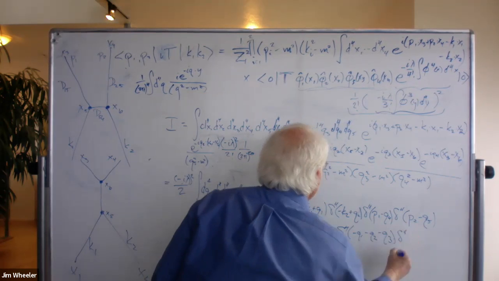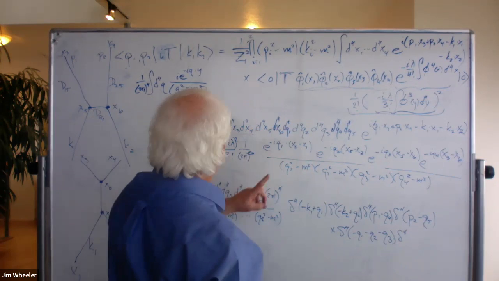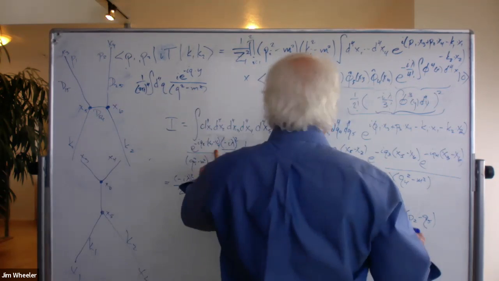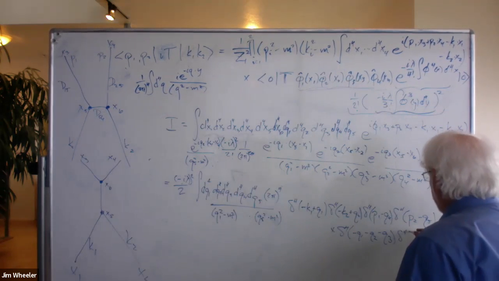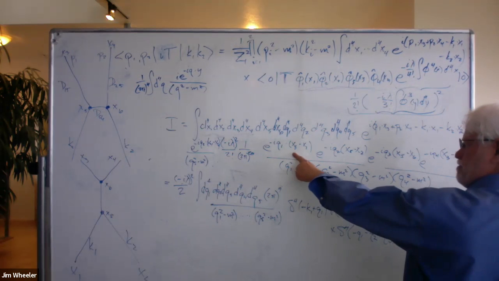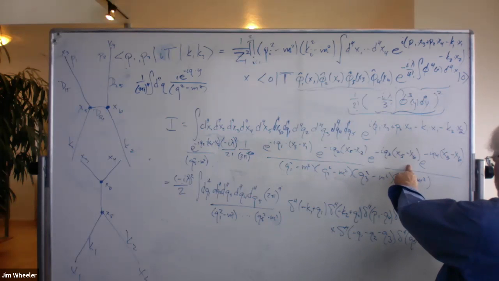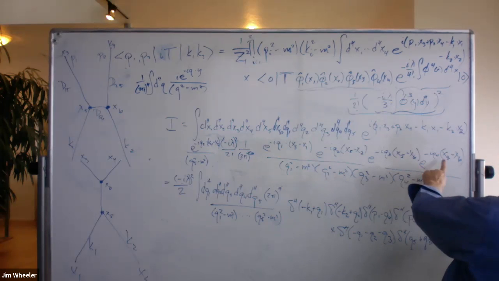And then finally, X6. Here's a Q5. Then we're doing X6, right? So that's going to be plus Q3 plus Q4.